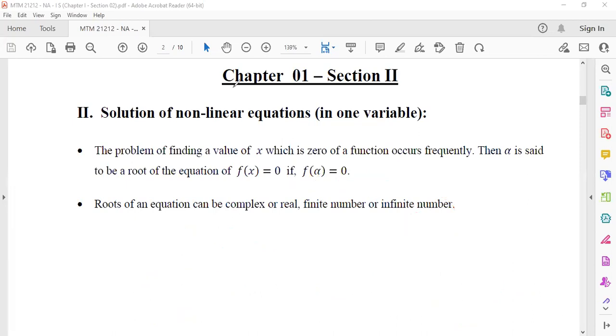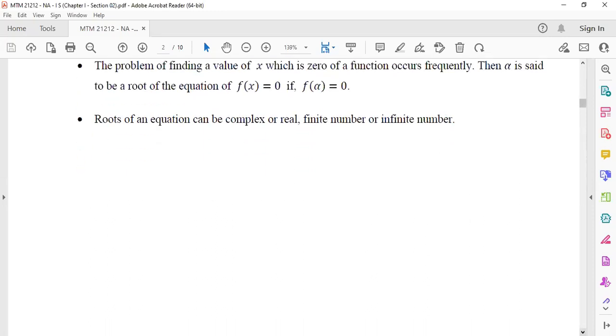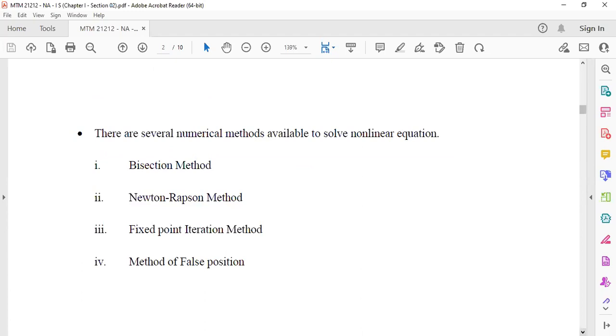Okay, let me continue now. This is where we are going to start our actual lecture. There are several numerical methods available to solve nonlinear equations, which we call the bisection method, Newton-Raphson method, fixed point iteration method and false position method.